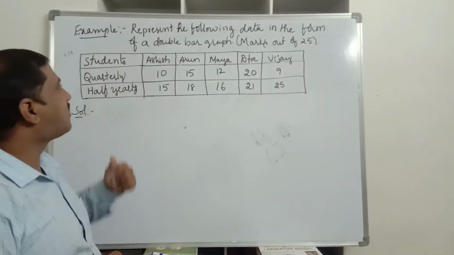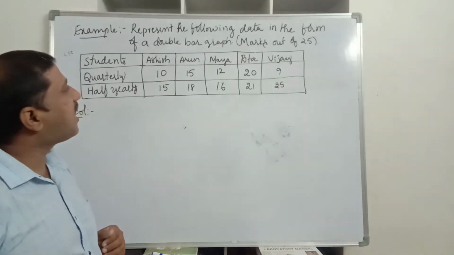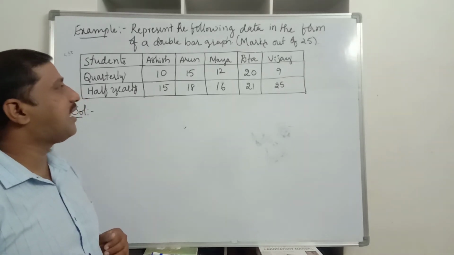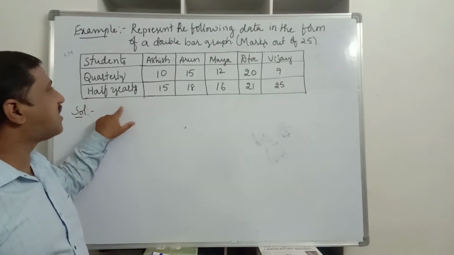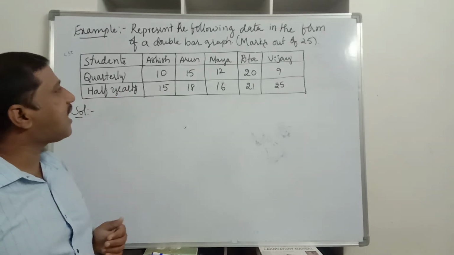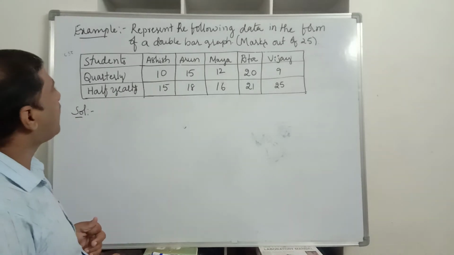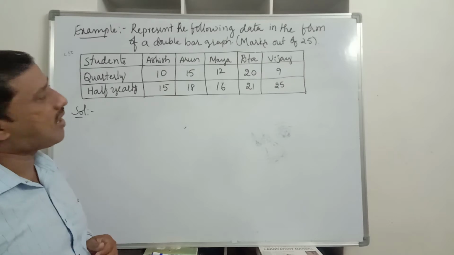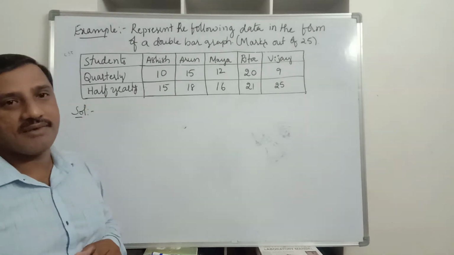Quarterly marks of Ashish is 10, Arun 15, then Maya 12, Rita 20, Vijay 9. Similarly, half yearly examination marks 15, 18, 16, 21 and 25 are the marks scored by Ashish, Arun, Maya, Rita and Vijay in half yearly examinations.